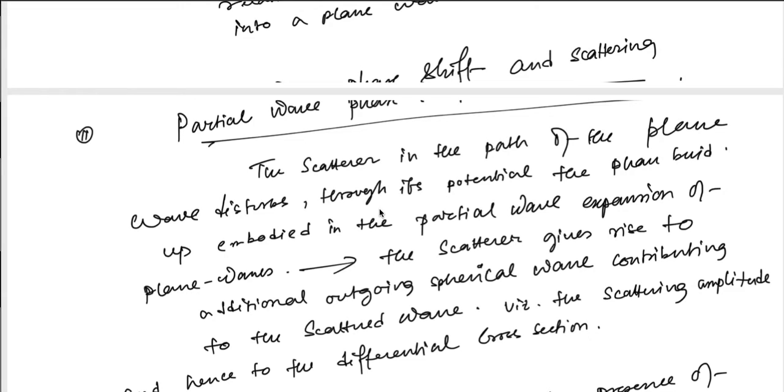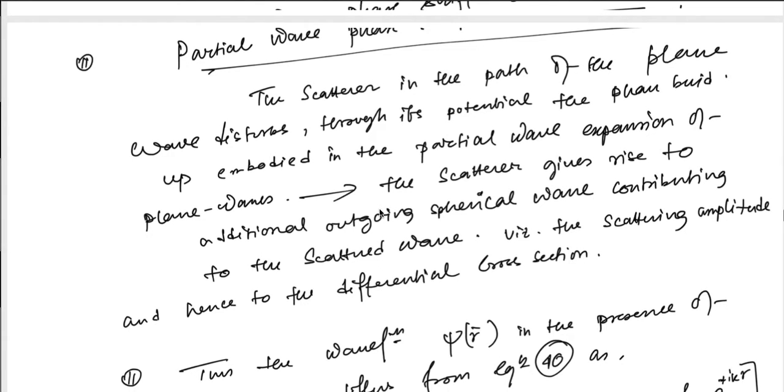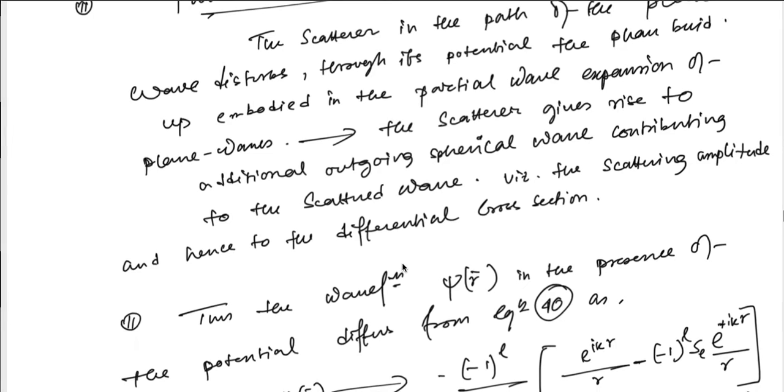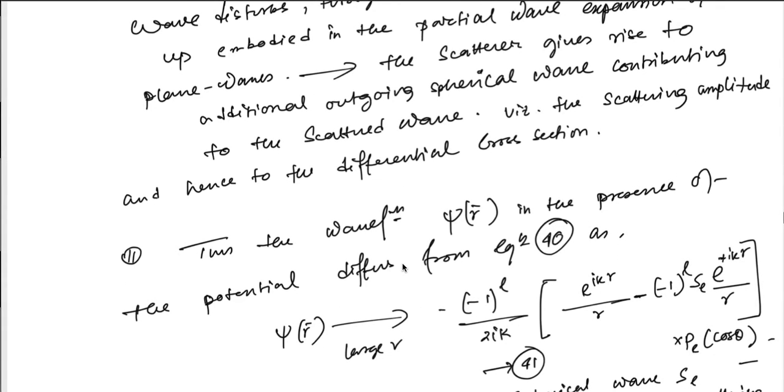The outgoing wave will still be spherical because of the symmetry of the problem, but it will have a disturbance in the phase, and that phase we want to calculate. That is the idea of this partial wave expansion. As I said, the scatterer will give rise to an additional outgoing spherical wave contributing to the scattered wave, and we want to calculate this scattering amplitude f theta and work out the differential cross section.